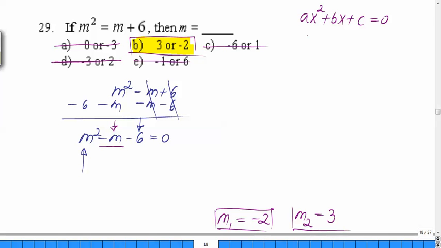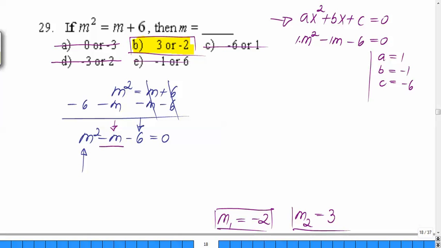Now my equation today is m squared minus m minus 6 equals 0. Well, your m is actually your x, the equivalent from the standard formula. What is the coefficient of your m squared? That's 1. What is the coefficient of your minus m? Negative 1. And c will be negative 6. So a is 1, b is negative 1, c is negative 6.